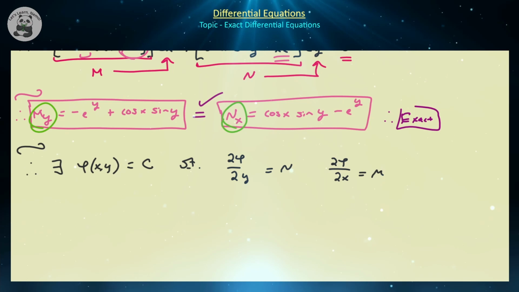So instead of M_y is equal to N_x, here we're looking at phi_y is equal to N, so it's a little different, right?